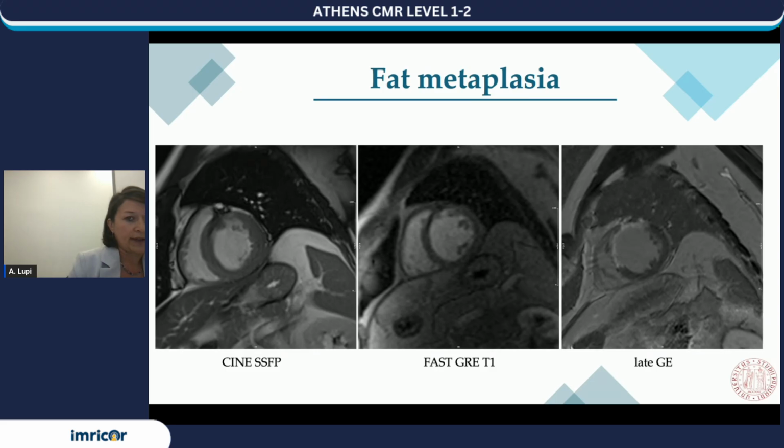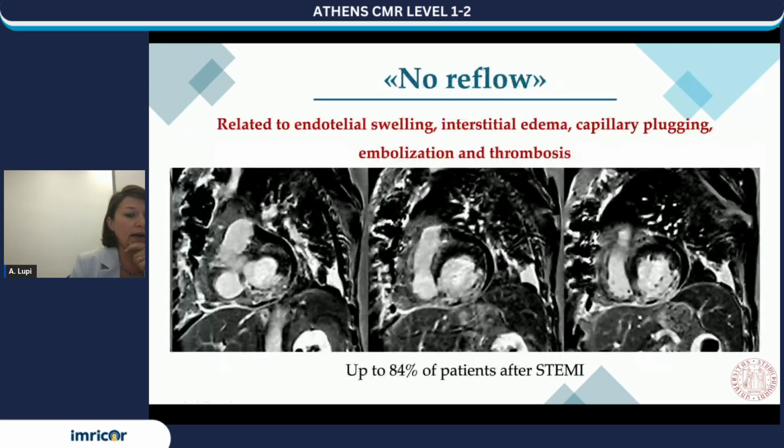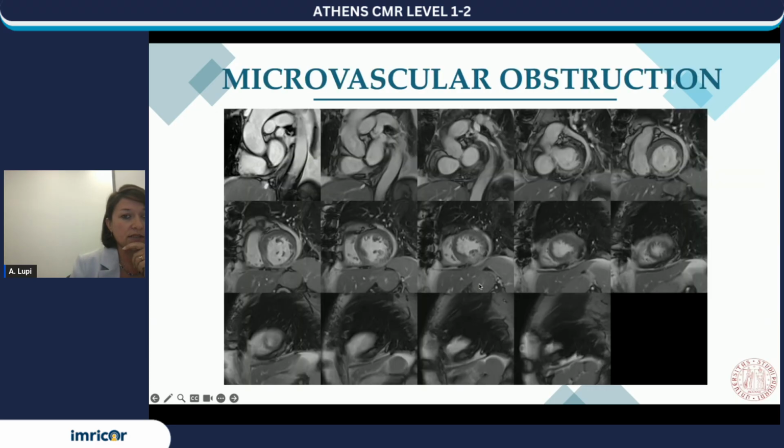As a matter of fact, we can distinguish fat metaplasia because it is characterized on cine sequences by the well-known India ink artifacts, and it is also visible on late gadolinium enhancement, while no reflow is related to small vessel damage, and is visible on LGE sequences.